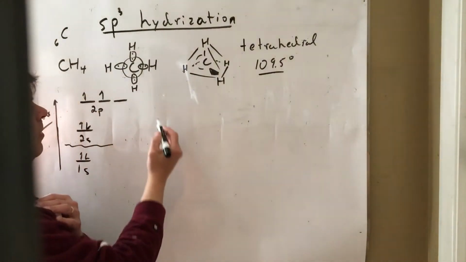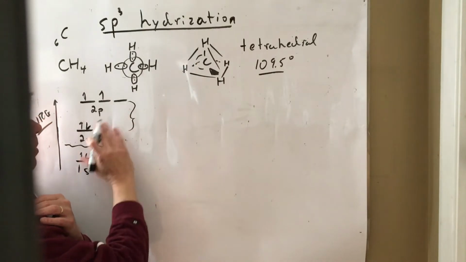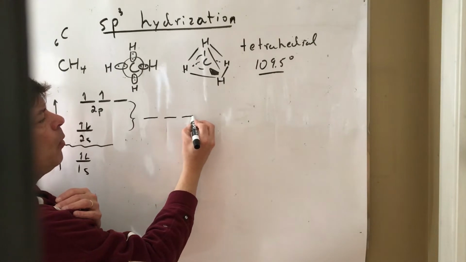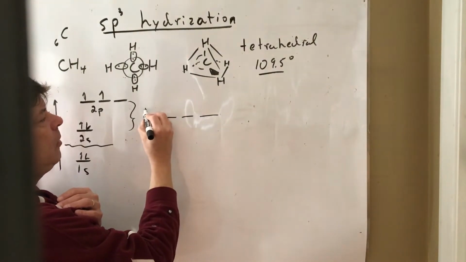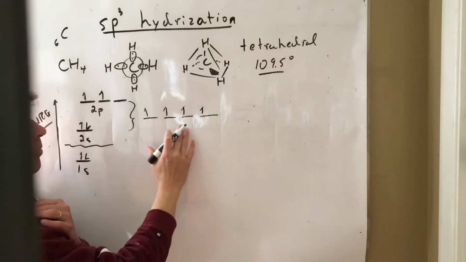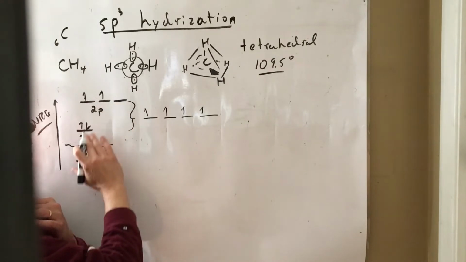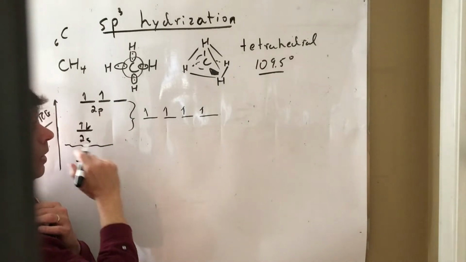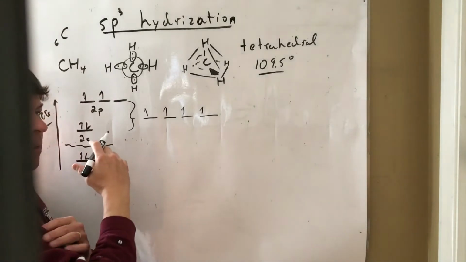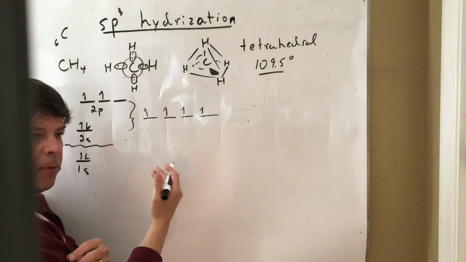What we have is 4 hybrid orbitals that are formed, each having 1 electron. These orbitals are somewhere in between, energy-wise, between the 2s and the 2p. So what we've done is taken an s orbital and hybridized it with 3 different p orbitals.